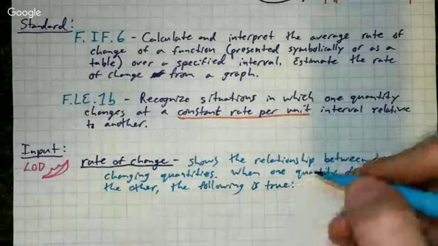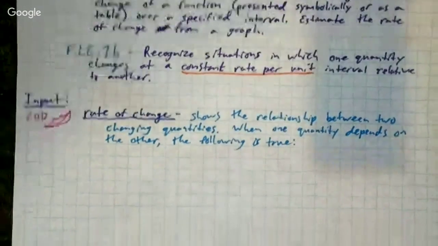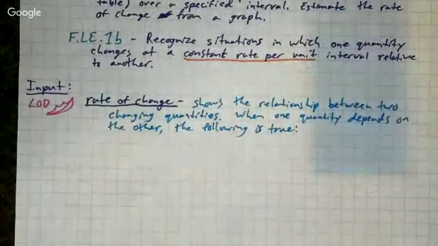So what it's saying there is that when there's an independent and a dependent variable, when one quantity depends on the other, the following is true.